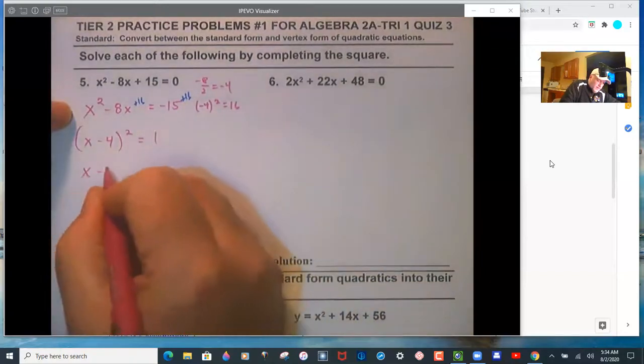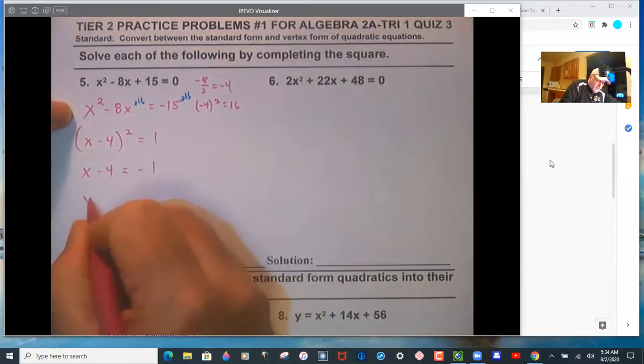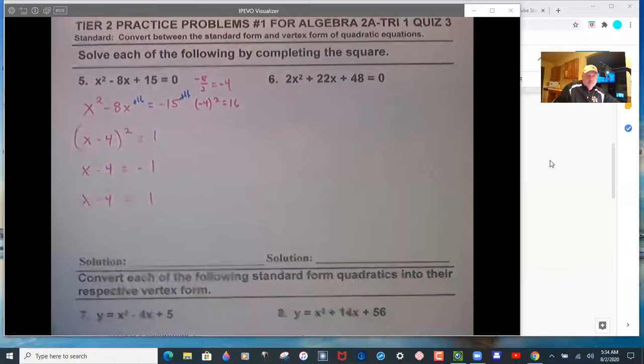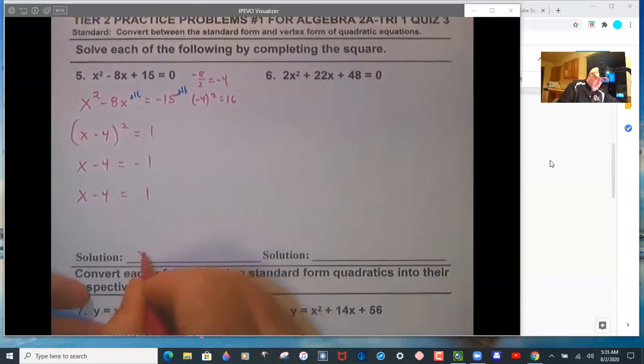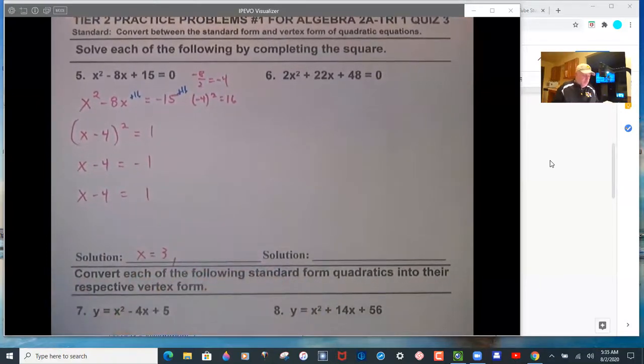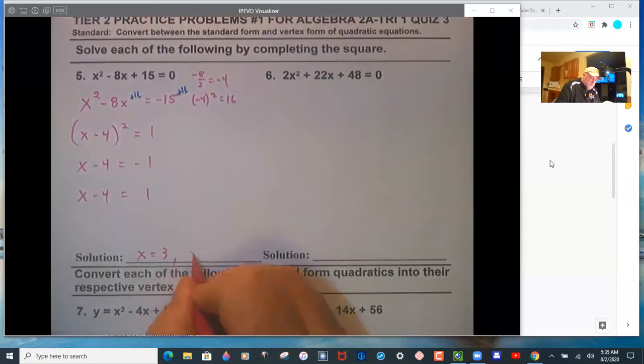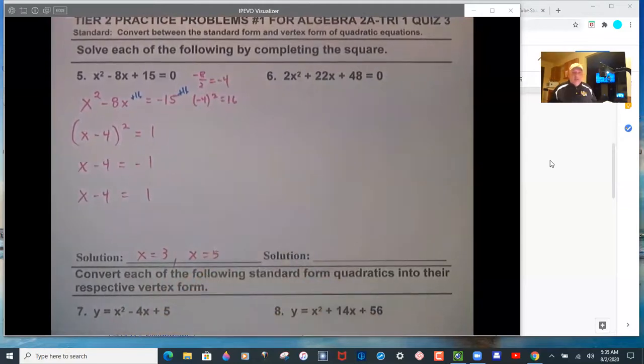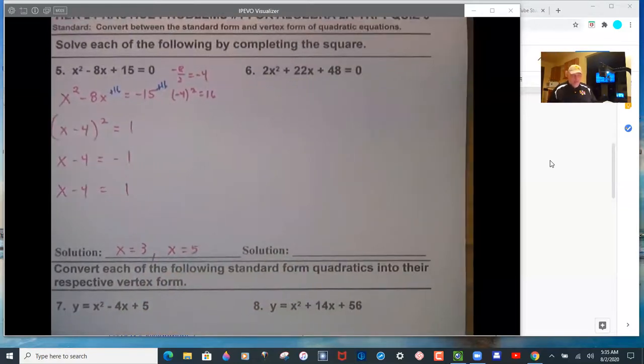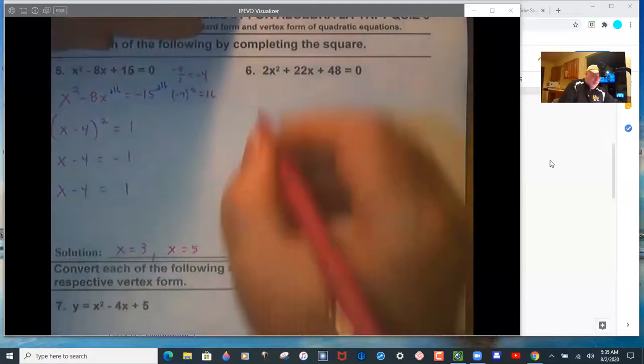So we have x minus 4 equals -1, x minus 4 equals 1. So add 4, 3 and 5. And that is correct.